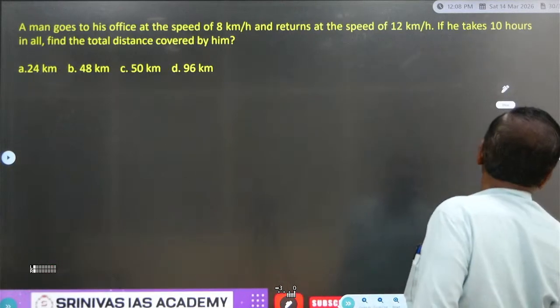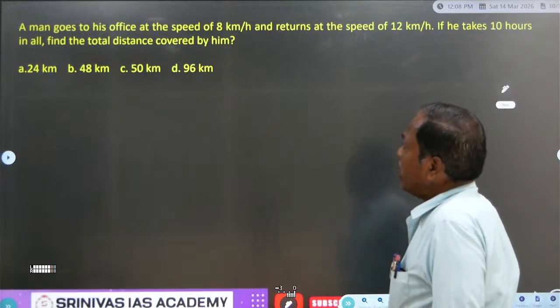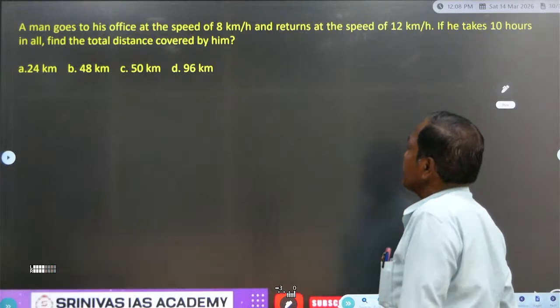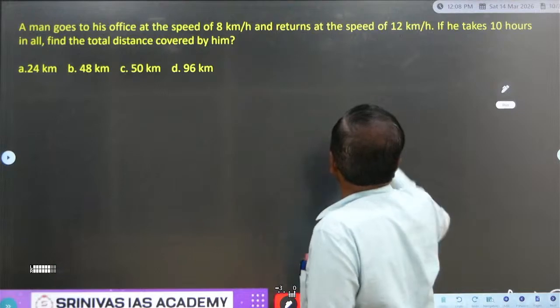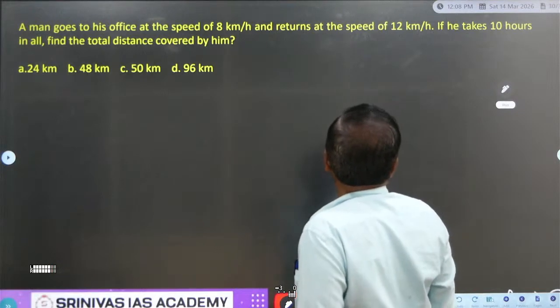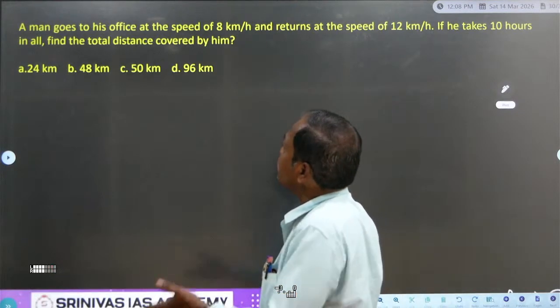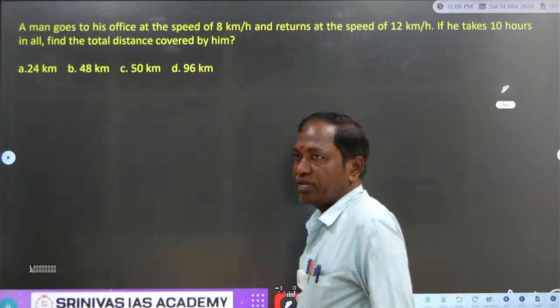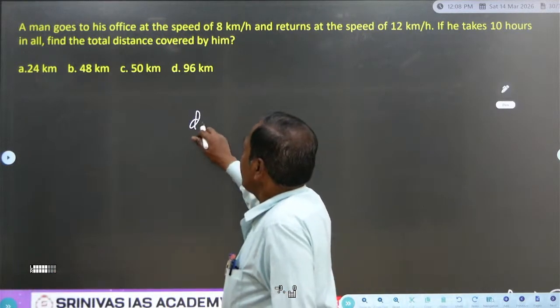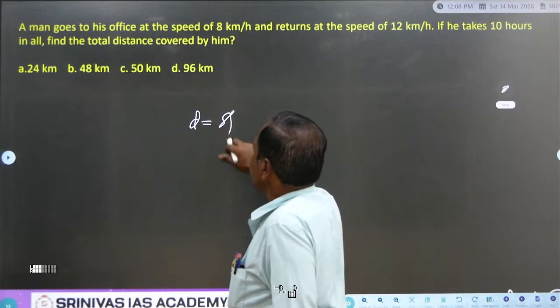Now, a man goes to his office at the speed of 8 kilometers per hour and returns at the speed of 12 kilometers per hour. If it takes 10 hours in all, find the total distance covered by him. Normally distance is equal to speed into time.